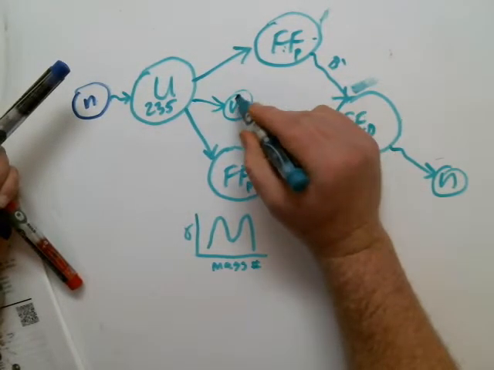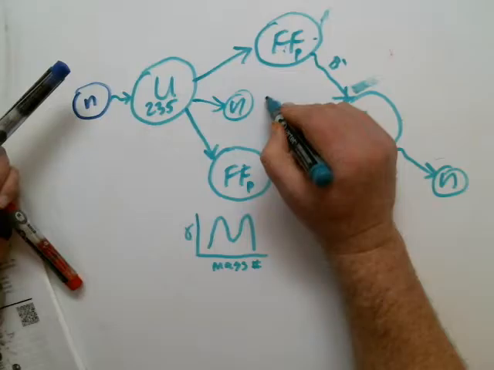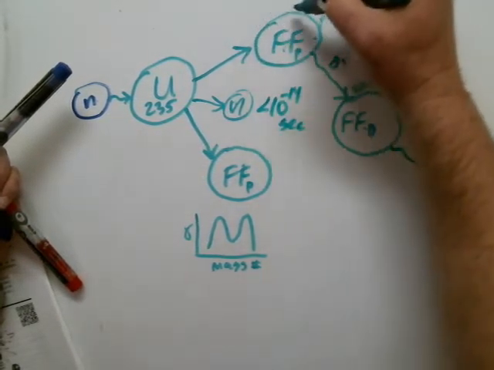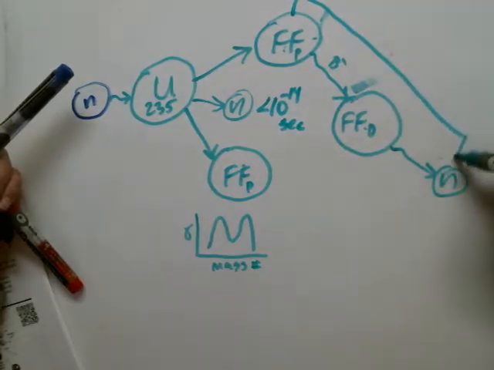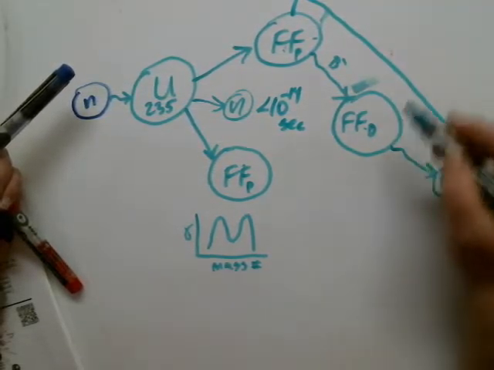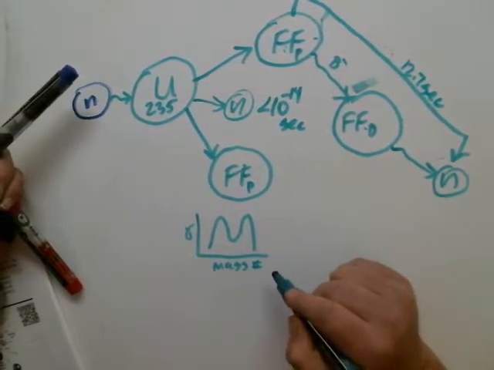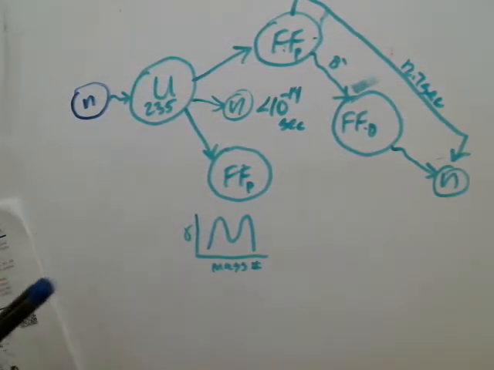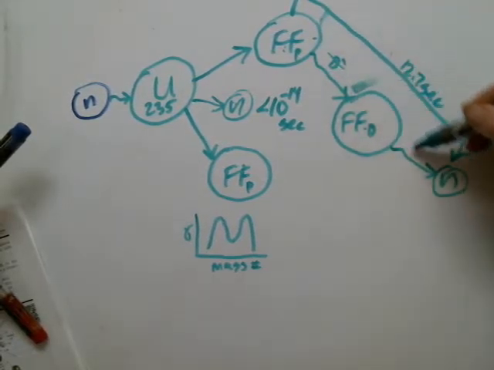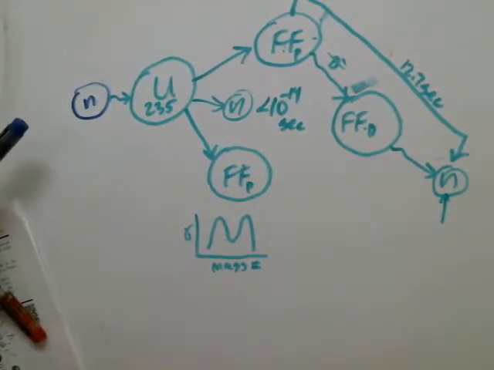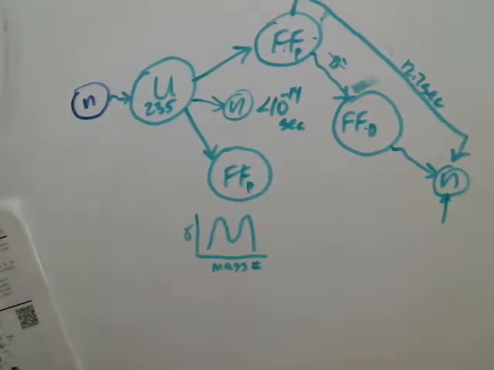We know that this occurred very rapidly in terms of time. It was less than 10 to the minus 14th seconds. This decay here, for that neutron to show up, on average takes about 12.7 seconds to occur. So this is a slowing down process, essentially, of this neutron showing up in our life cycle of neutrons.